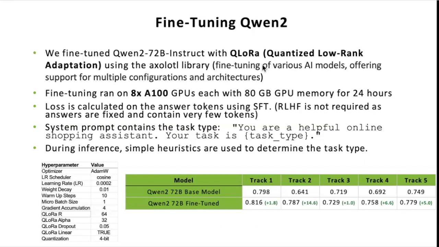So using QLoRA fine-tuning on the 500K, they're able to show big improvements in performance, especially, as you can tell, on track 2 and track 4. Track 4 is the multilingual one. Track 2, I think, is about shopping knowledge reasoning, for example, whether this product is compatible with that one, right?